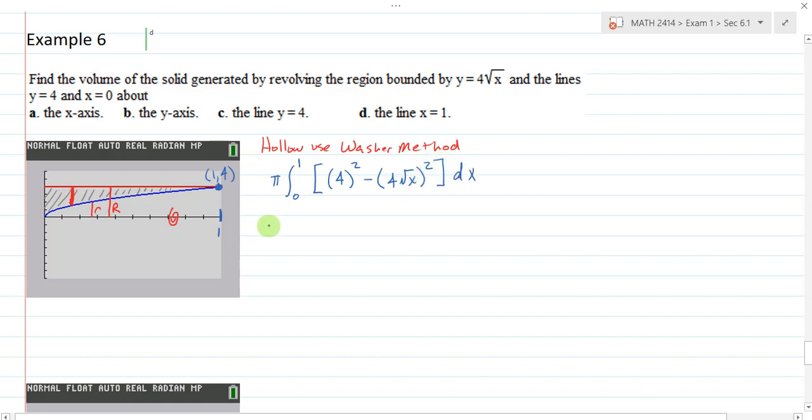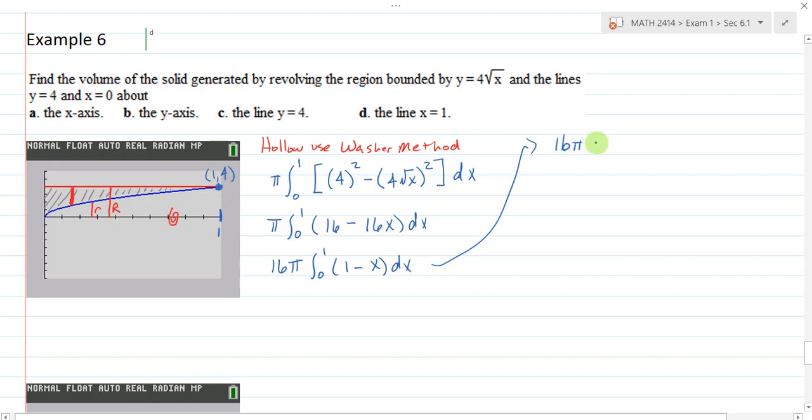So then we would want to clean this up, and that's going to give us pi times the integral from 0 to 1 of 16 minus 16x dx. So we could factor a 16 out, and we would integrate 1 minus x dx. So let's move this up here, and that's going to give us 16 pi times, when we integrate 1, we get x.